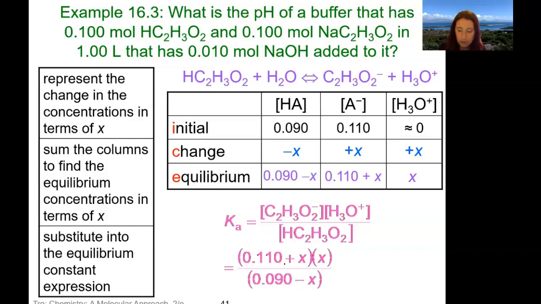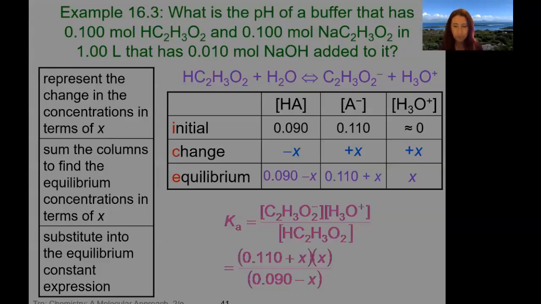Right, we're going to write our equilibrium. We're going to say, hey, X is small. The Ka is 1.8 times 10 to the negative 5. We've used this a few times now. This is 10 to the negative 2, 10 to the negative 5, a difference of negative 3. Should be good with our X is small. By the way, while I'm doing this, see if you can do this using Henderson-Hasselbalch also.